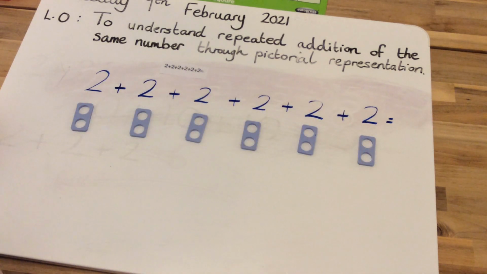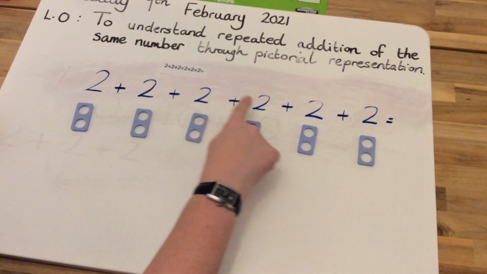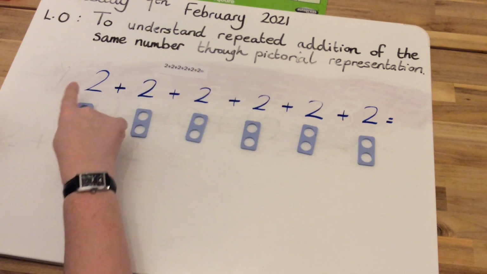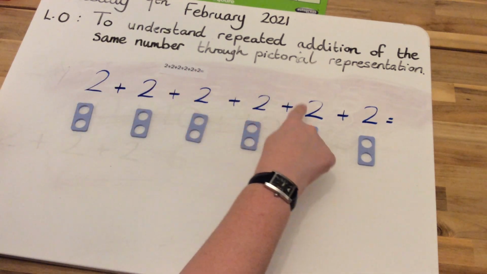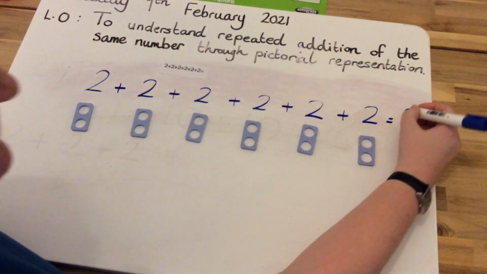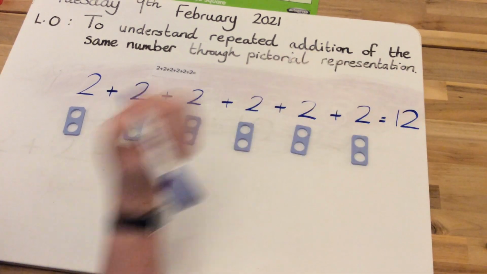Let's count in twos. 2, 4, 6, 8, 10, 12. So I know that 2 plus 2 plus 2 plus 2 plus 2 plus 2 equals 12. Let's put 12 as our answer.